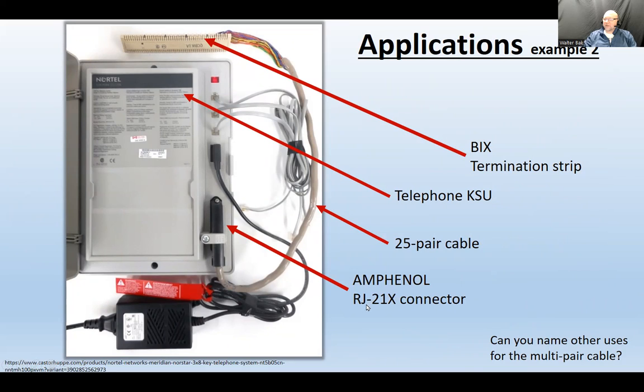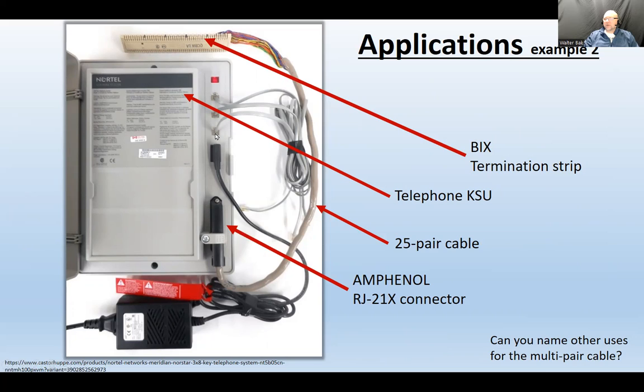This is called RJ21, so registered jack. We played with RJ45s, which would be the data connector, the Ethernet connector. These telephones are called RJ11 or RJ12. The shape is the same.